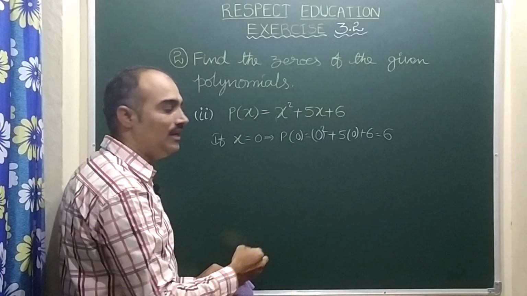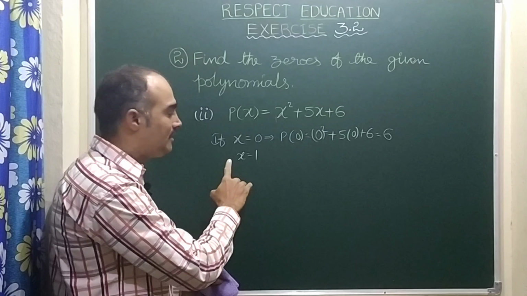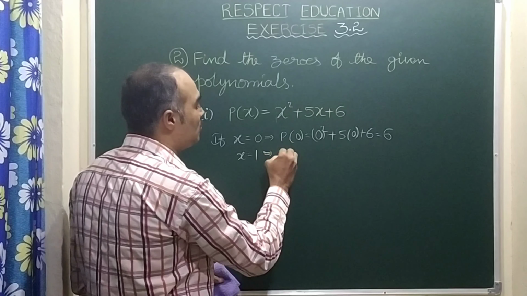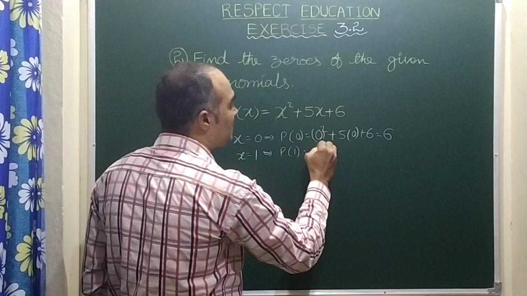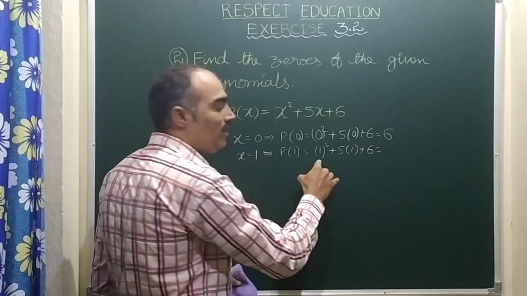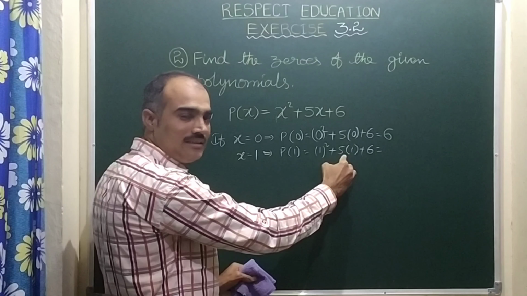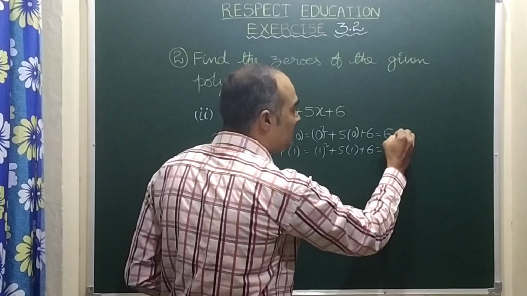Now let us substitute x equal to 1. I am writing 1 here. So p of 1 becomes 1 square plus 5 into 1 plus 6. 1 square is 1, 1 plus 5 is 6, 6 plus 6 is 12. So this is also not 0.